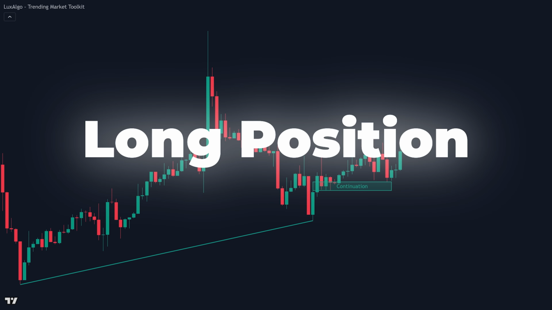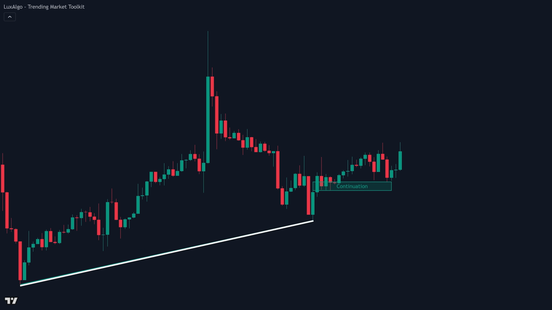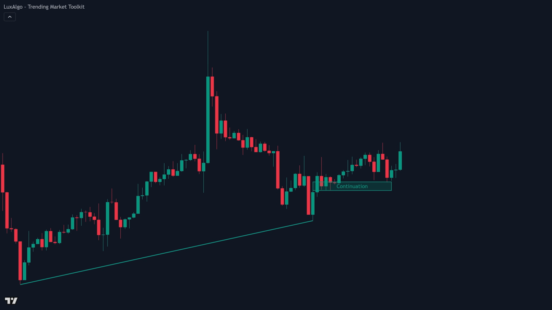For a long position. As you can see from the chart, we have an upward sloping trend line indicating a continuation of bullish momentum. Rule number 1 is that the indicator must show a green continuation zone. Rule number 2 is for price to retest this continuation zone. Rule number 3 is to see a clear bullish reaction at that zone, suggesting buyers are stepping in.